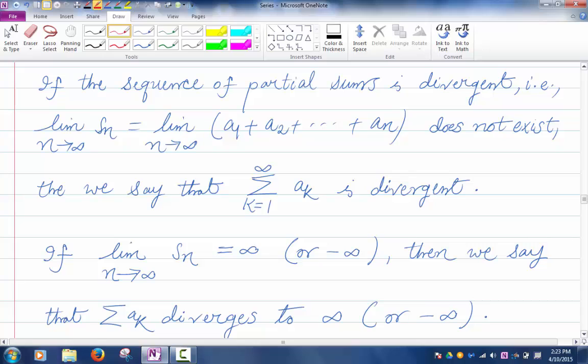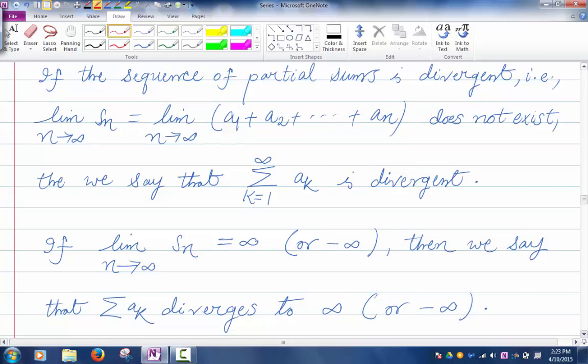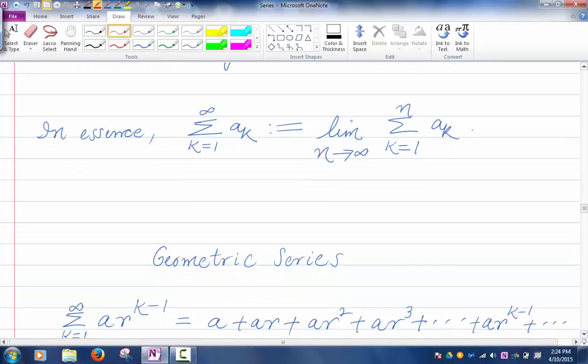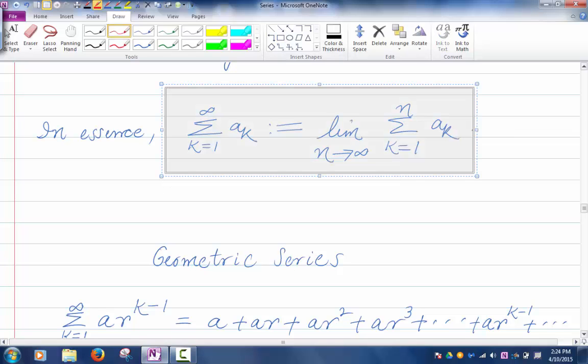So now we have a definition of what it means to say that a series has a sum. What is the essence of everything that we said? The essence is: what is the meaning of an infinite series, the sum from k equals 1 to infinity of ak? The meaning of that series is that it is the limit as n goes to infinity of the sum of the first n terms, the nth partial sum.